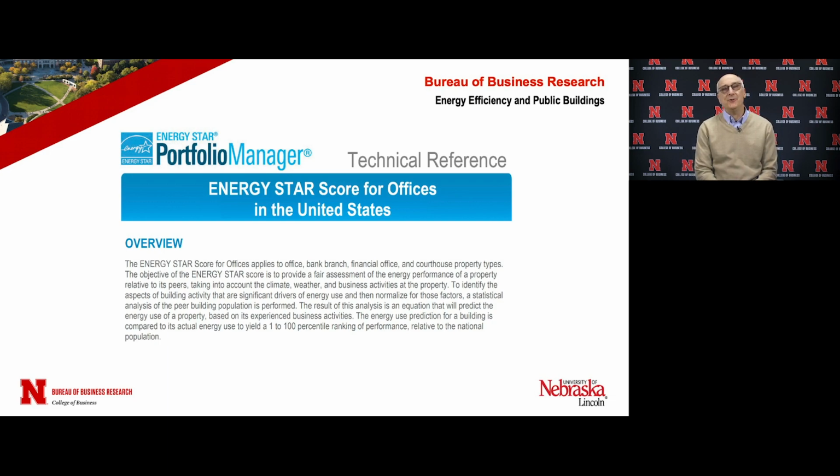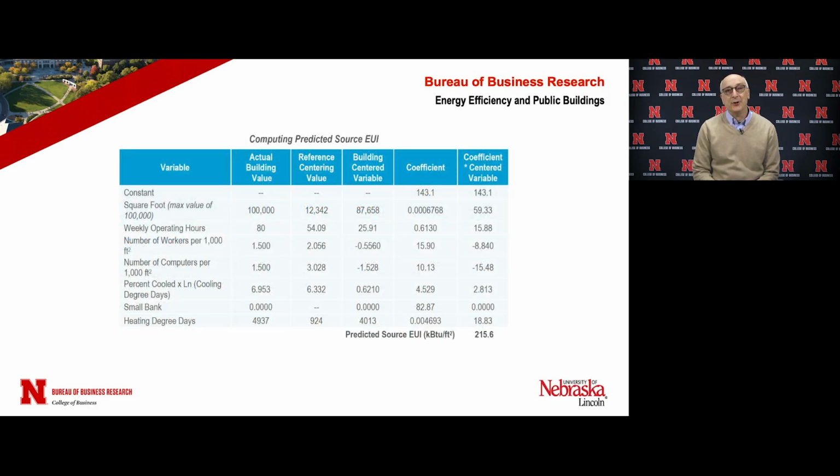And then we can use, this is from the US Department of Energy. They have this portfolio manager, and the portfolio manager gives us information about, for each type of building, how they can estimate its expected energy usage before you make any kind of improvement. This is a little hard to read, but this is the data that each of those Energy Star reports provides.